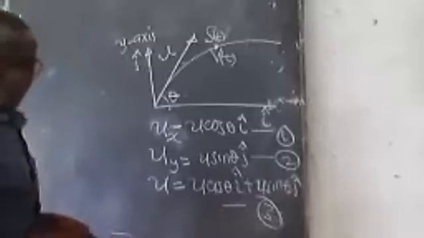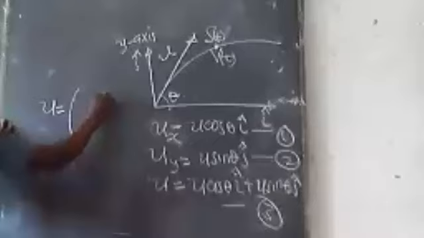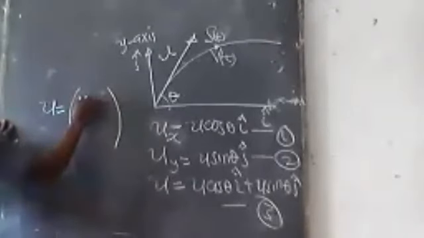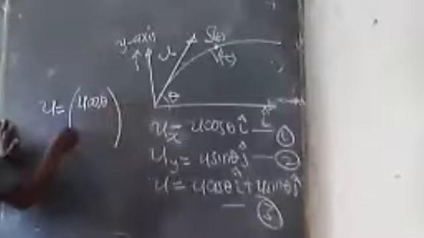Can you as well express that initial velocity in column form? Oh, in column form. Yes. So u in column form can also be, we start with i, u cos theta, and then u sin theta. Is that okay?